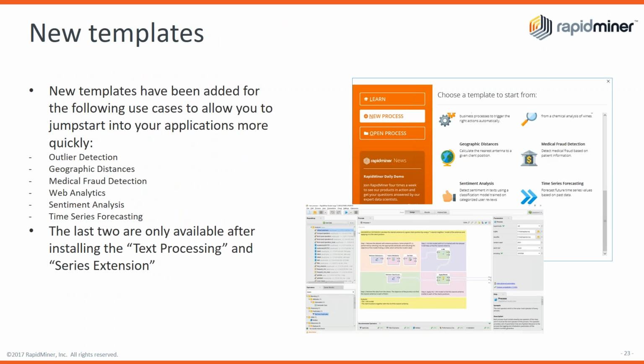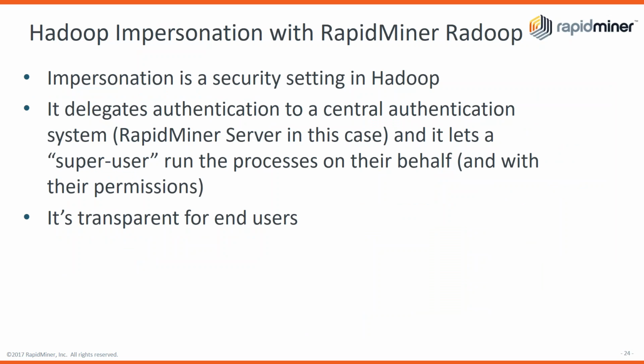I have already talked about or shown a little bit of these new templates, some for outlier detection, geographic distances, fraud detection, web analytics, sentiment analysis, and series forecasting. These two, well, you would need the extensions for them to be shown there, but I think they are quite valuable, and we have had some good feedback on this.